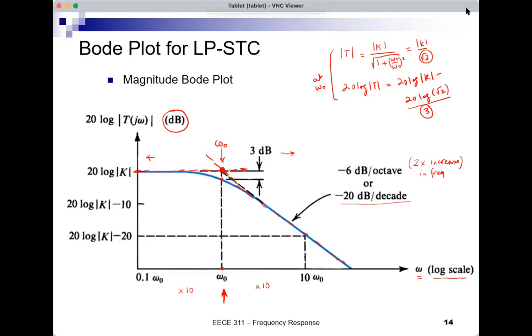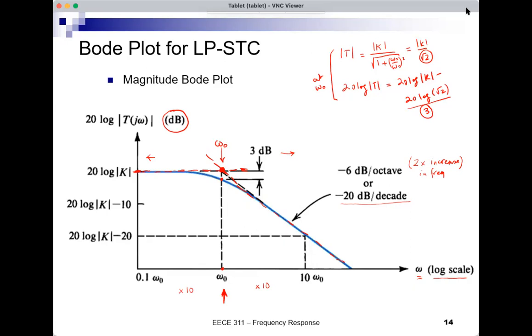The asymptotes can serve as an approximate Bode plot. So if I don't want to do the full curve, I can just use the asymptotes as an approximate Bode plot. But then at omega 0, there will be some error between the asymptotes and the actual curve, the blue one.